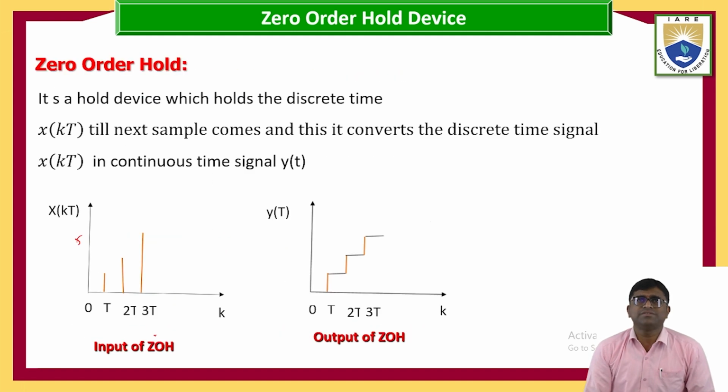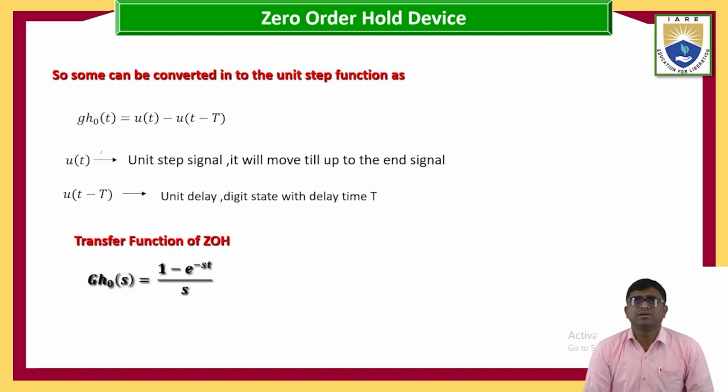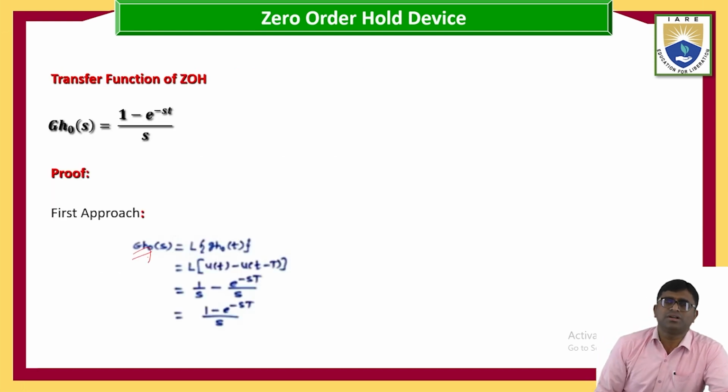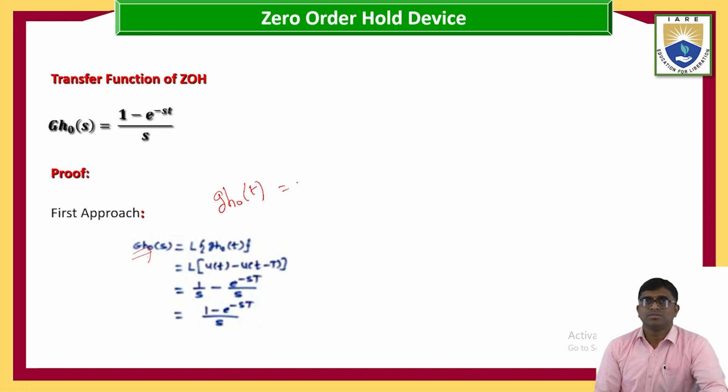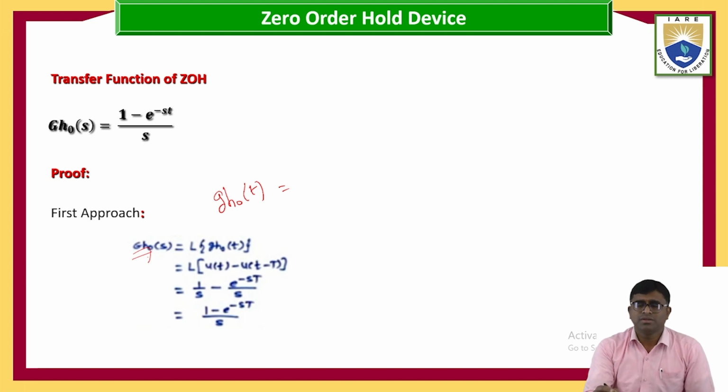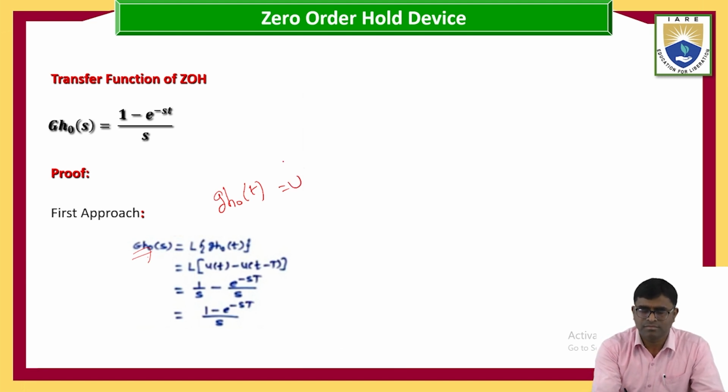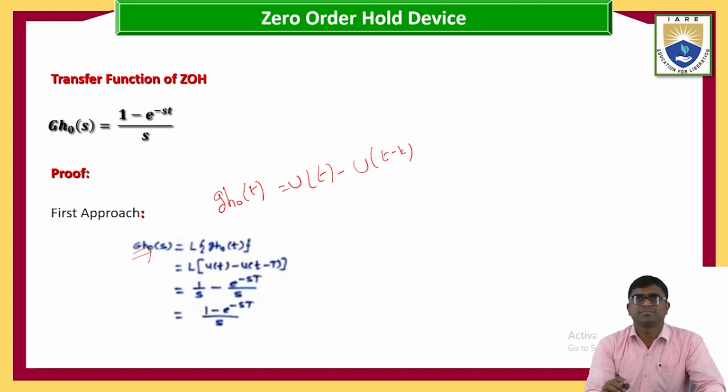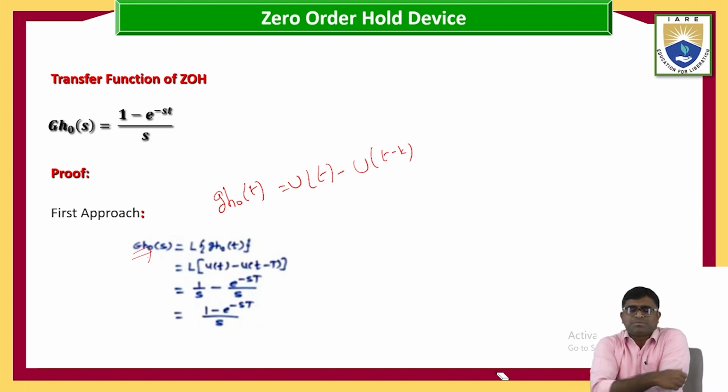So what is the formula for the Laplace transform? Generally, g of h of t equals u of t minus u of t minus T. Substitute this into the Laplace transform equation.